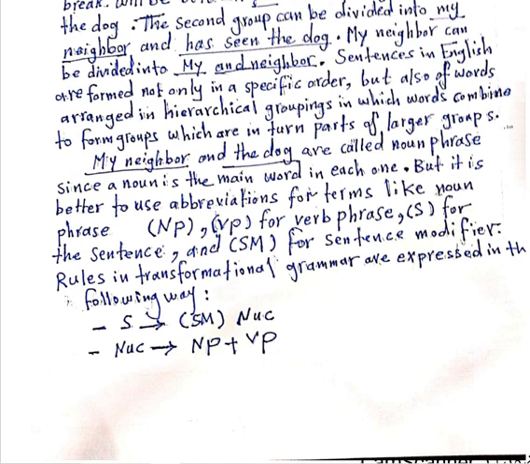Noun phrase, as we said, is when we put something, or let us say a word, before the noun, such as a sentence modifier or an adjective.